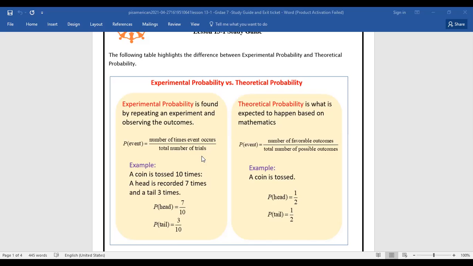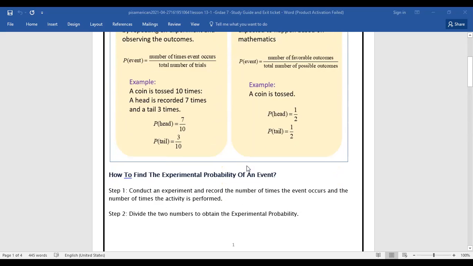So what is the probability to get a head? How many heads? 1, yes. So it will be 1 over 2. What is the probability to get a tail? It is 1 over 2. Then the theoretical probability is what is expected to happen based on mathematics.